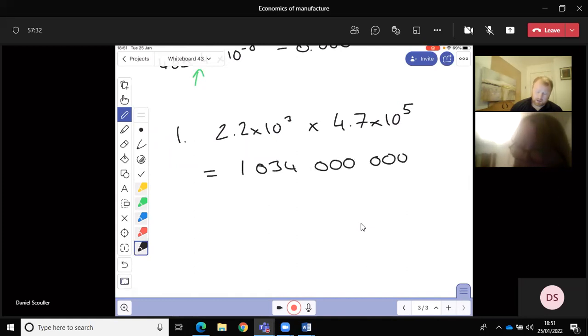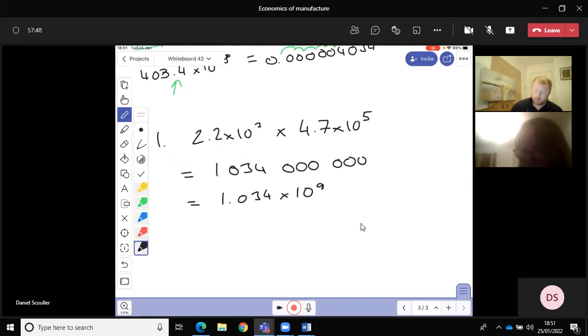Some people will be getting this in scientific notation. Some people will get it in the calculator shown as that.